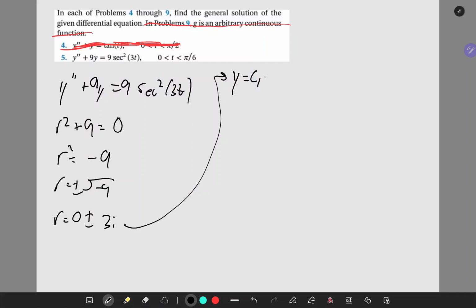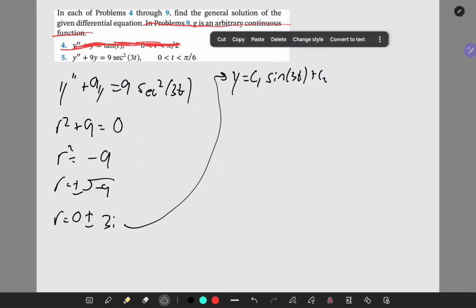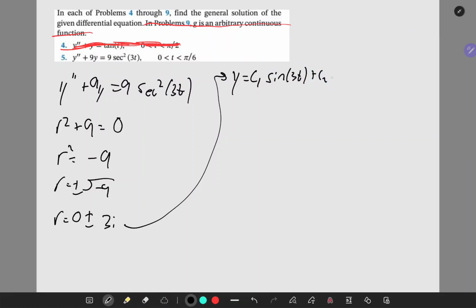So this is C1 e to the 0t times either sine or cosine. I did sine first. So sine of 3t plus C2 e to the 0t, which is just 1 by the way, so I'll just get rid of those. Plus C2 cosine of 3t.